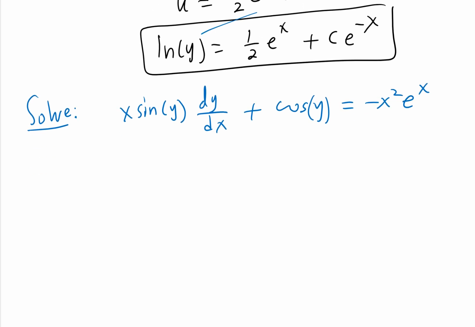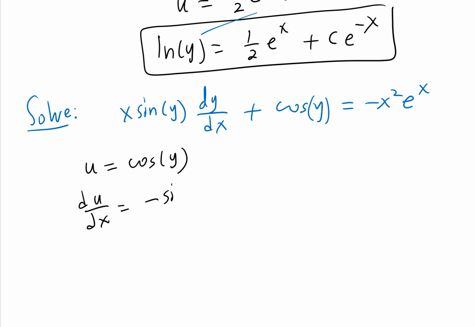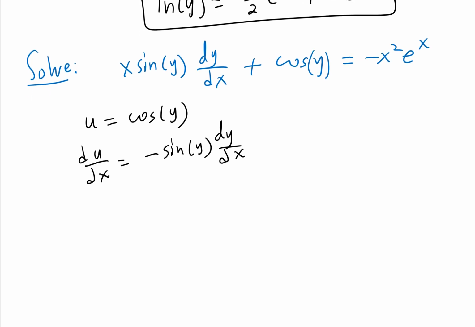To solve this one, one idea would be to substitute u equals cosine y. Now du/dx is negative sine y dy/dx.